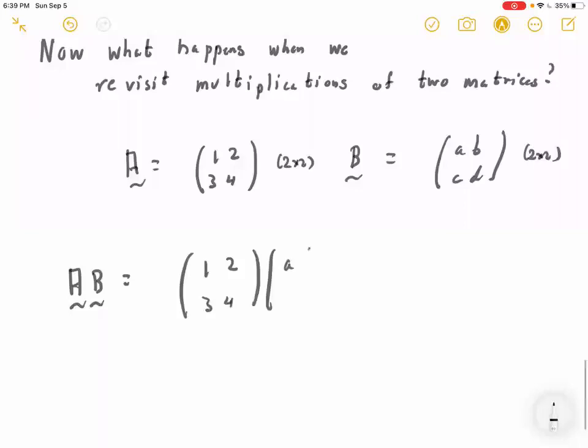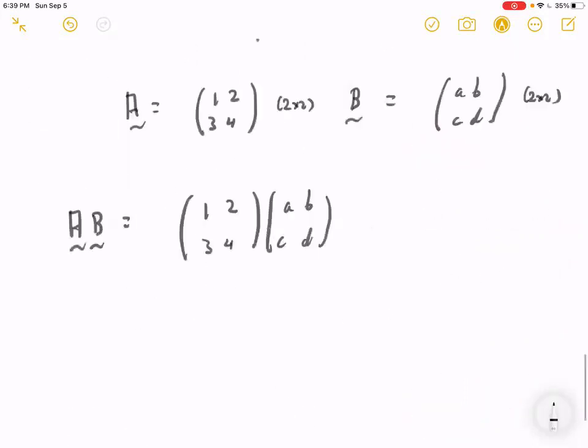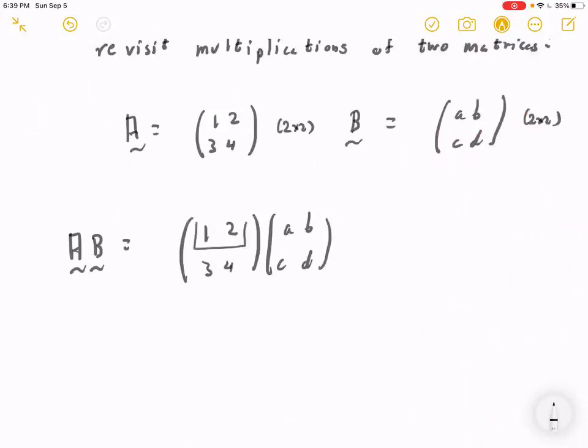If we use our definition from method 1 and just multiply a row times a column, it's really a dot product. You're taking the dot product of that row vector with this column vector. You'll get a 2x2 matrix. It looks like that.